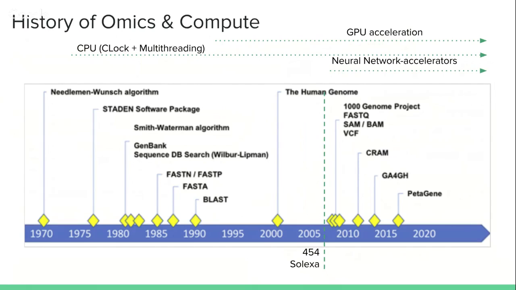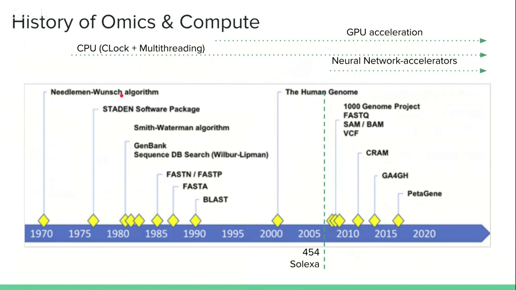And some of the algorithms that are most well known of this pre-NGS era were developed in the 70s, 80s, 90s. Outstandingly, Smith-Waterman, Blast, Needleman-Wunsch, etc.